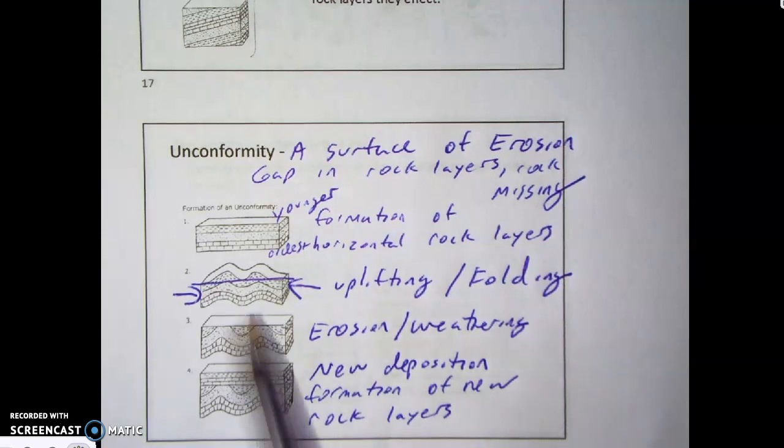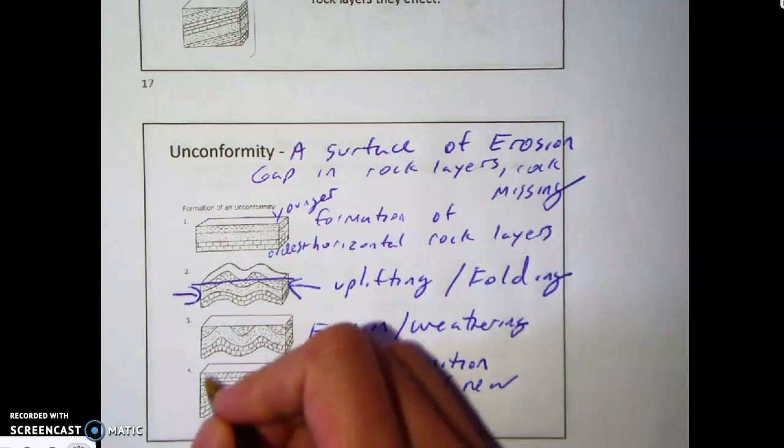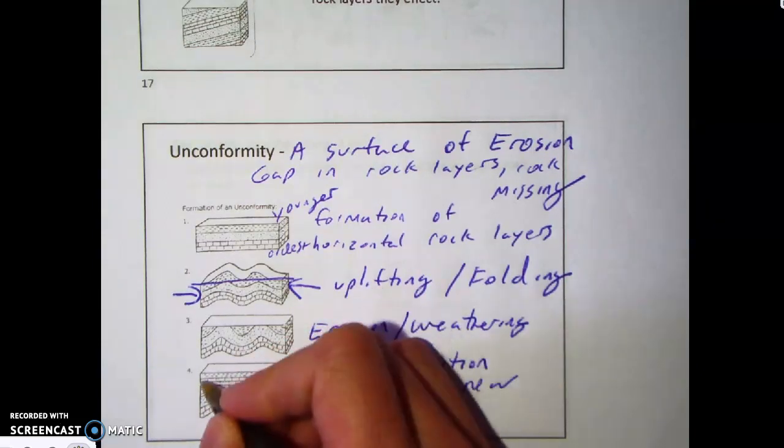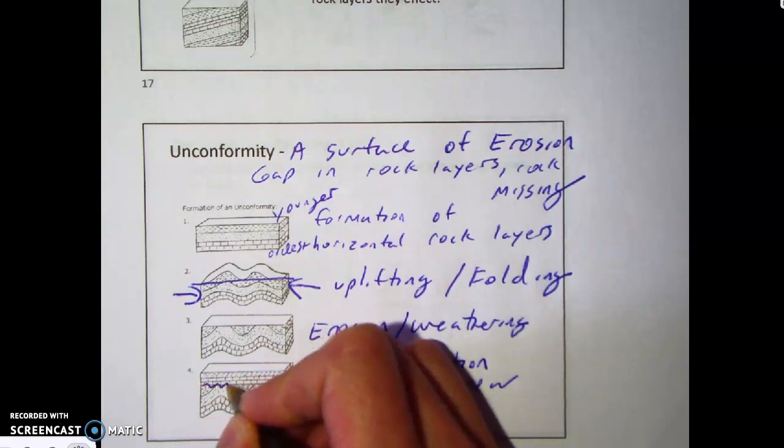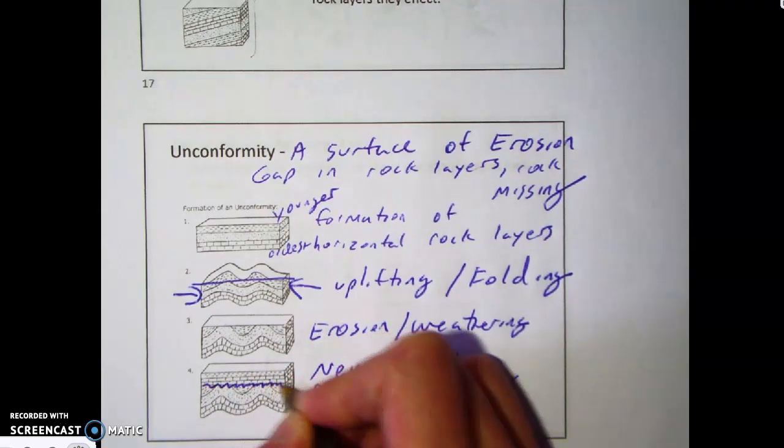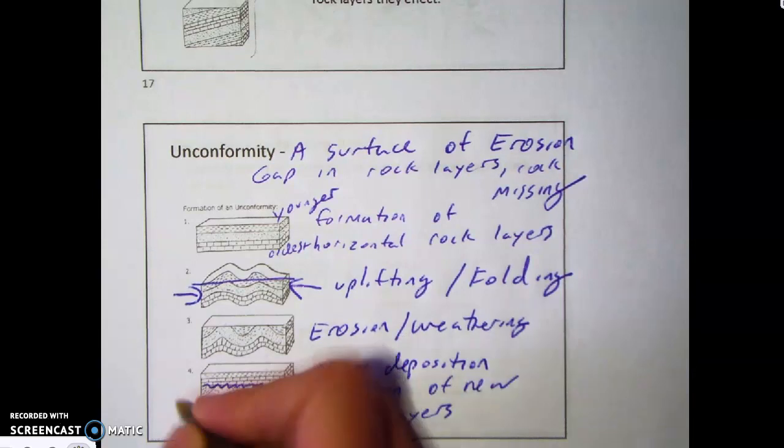So we have some material being removed by weathering and erosion, and then we have new material being deposited on top of that. Our unconformity, and unconformities are often shown with a squiggly line like this. Our unconformity on this diagram would be right there.